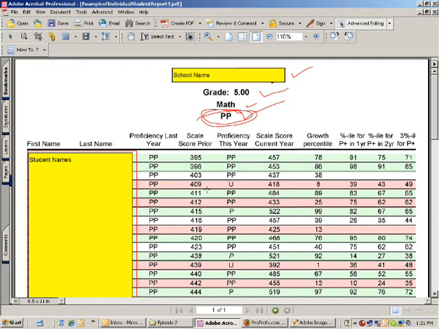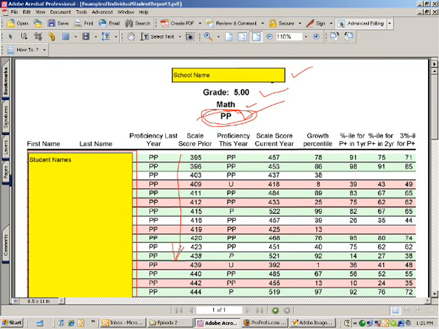In addition to that, all students are sorted ascending by scale score. This allows you to look at students who were U, PP, P, or A last year together as a category and see whether there are patterns of growth within and between these groups of students.